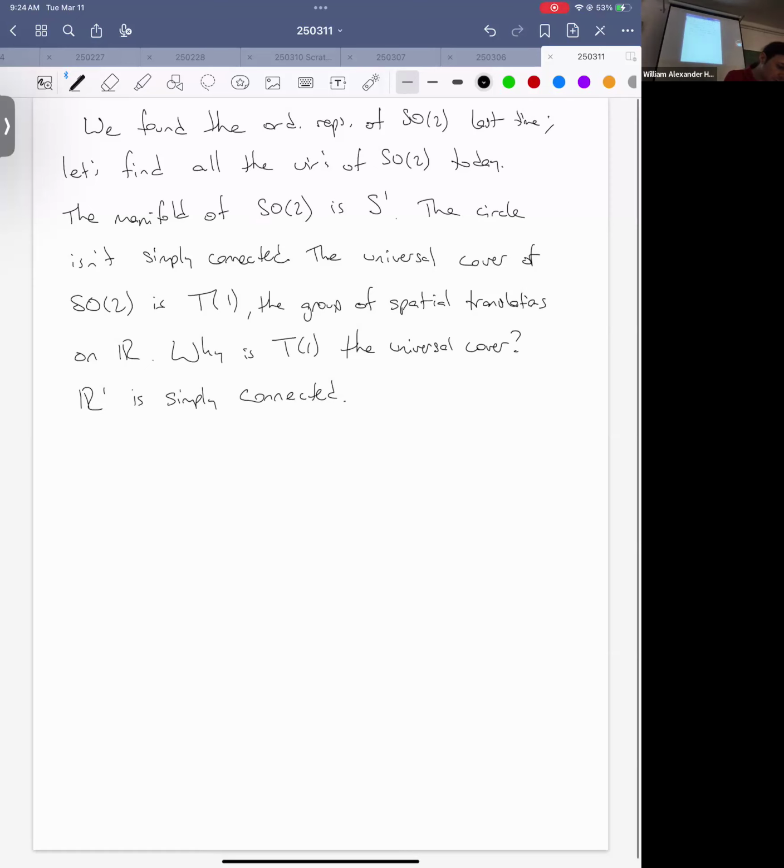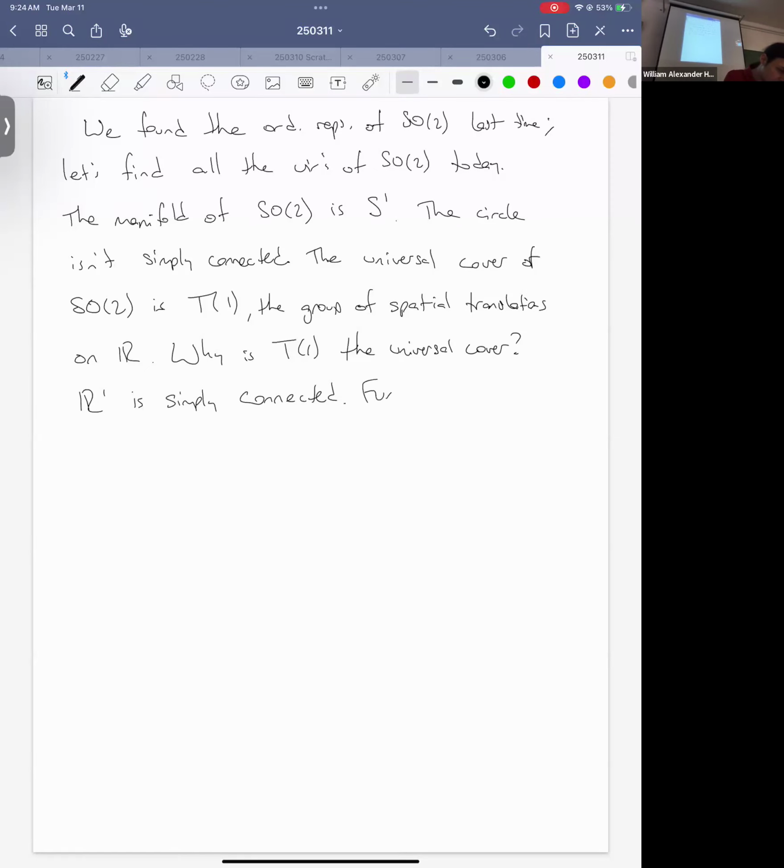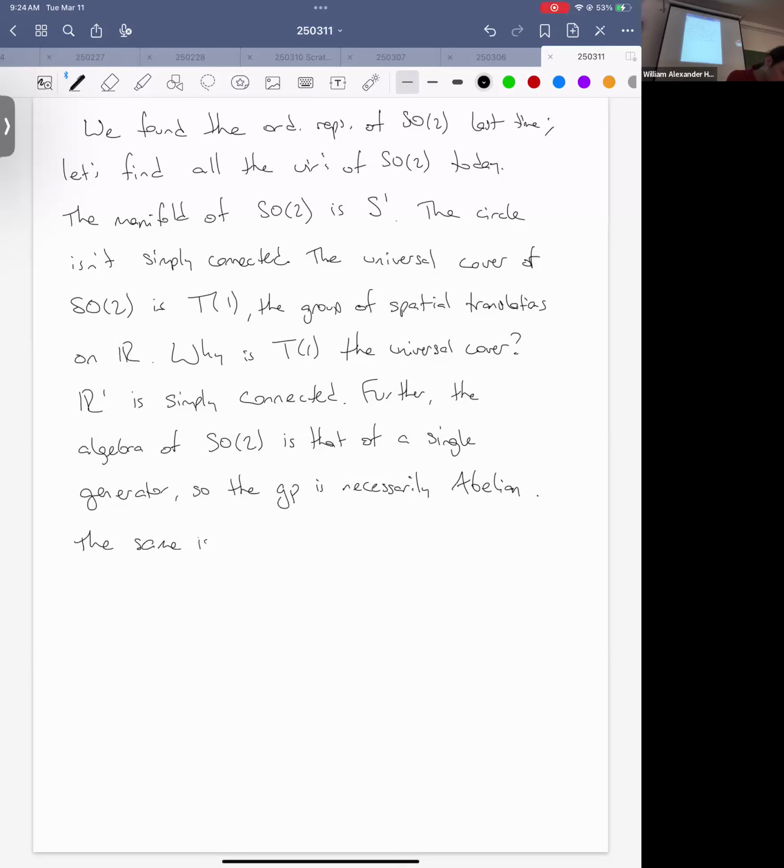And so the algebra of SO2 is that of a single generator, so the group is necessarily abelian. And the same is true for T1.